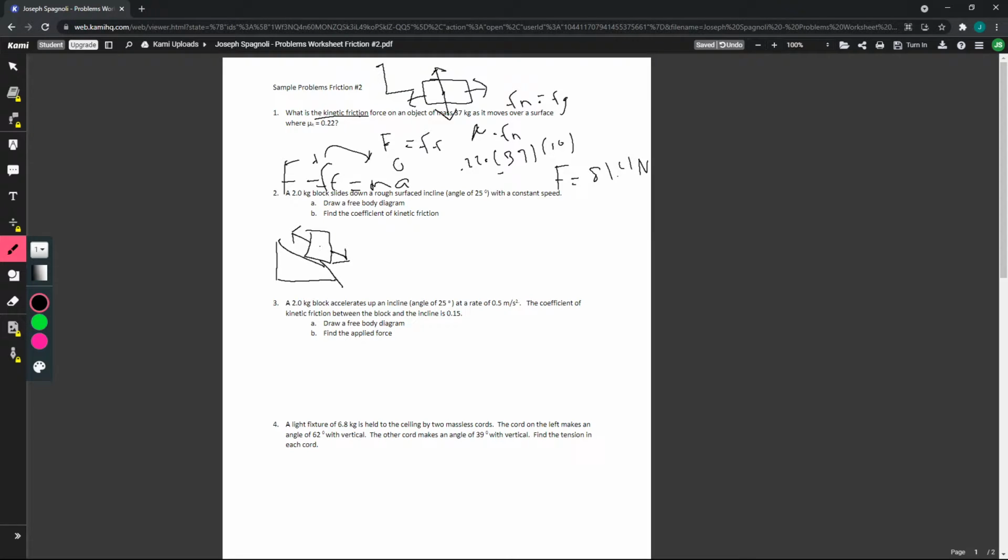So we have normal force, which is perpendicular to the surface. Surface not very well drawn out, but you get the gist of it. And then we have force of gravity both perpendicular and parallel, and we need to focus on both of them in this. Here, let's also just draw a free body diagram to better visualize this.